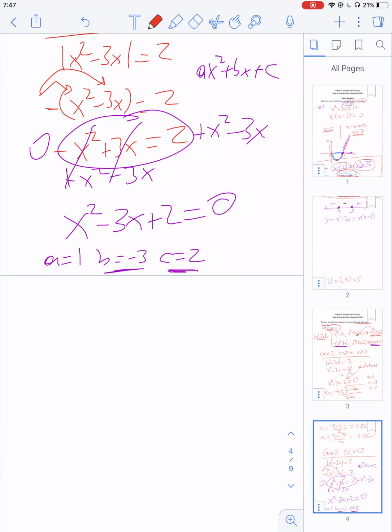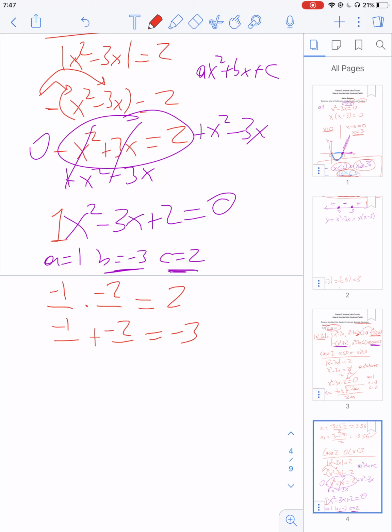So I'm going to use product sum instead of the quadratic formula, because I'm looking for two numbers that multiply to 2 and that add up to -3. So this one's possible, right? -1 times -2 is 2, and -1 plus -2 is -3. You can use the shortcut if the coefficient is 1.